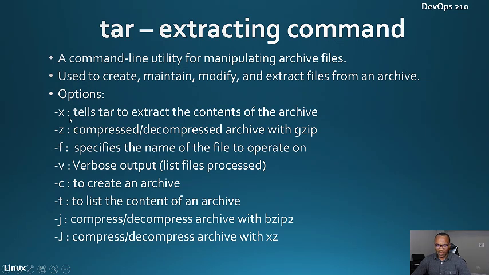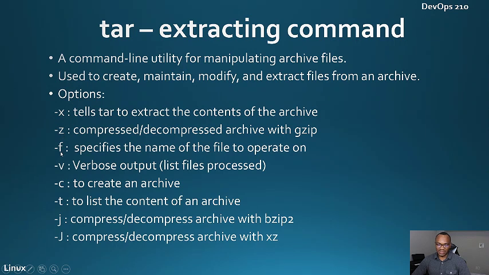And these are the options that we have. We have x to extract the content of an archive. You have z to compress or decompress an archive with gzip. When you are dealing with a gzip file, then you'll be using your z.